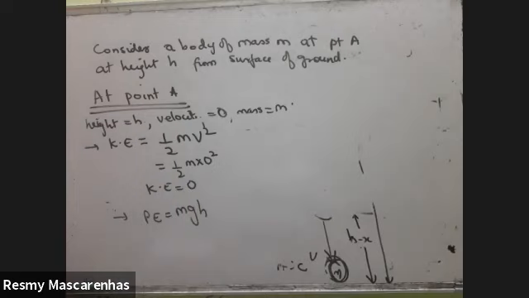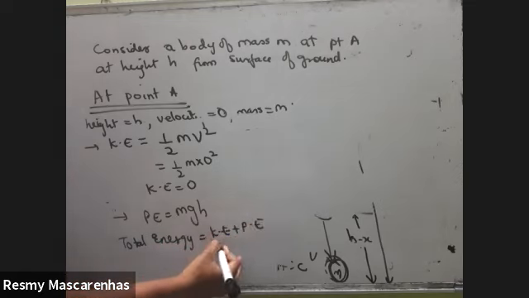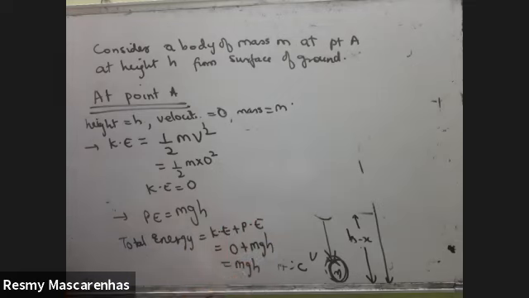So nothing is 0 here, all values are there. That is your potential energy, mgh. So add both of them. Total energy is nothing but kinetic energy plus potential energy. So just add 0 plus mgh. Total energy at point A I am getting is mgh. Mark it as equation 1. Now let me calculate at point B.